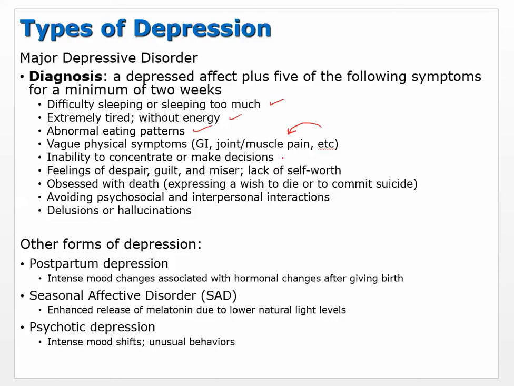Inability to concentrate or make decisions, feelings of despair, guilt, lack of self-worth, miserable, obsessed with death, expressing a wish to die or commit suicide. Now that seems like a red flag right there. Avoiding psychosocial and interpersonal interactions, delusions, or hallucinations. So that can even be experienced as one of the criteria of depression. So at least 5 of those, lasting a minimum of 2 weeks.